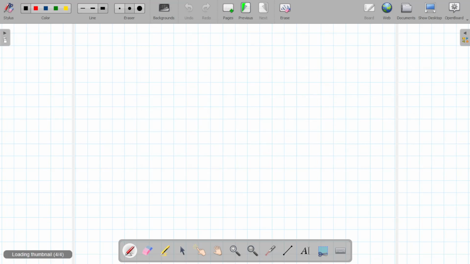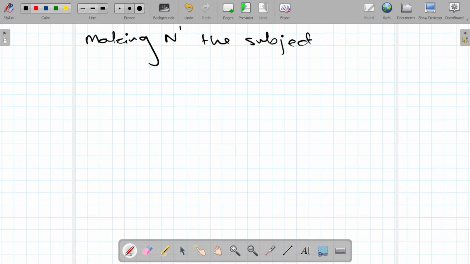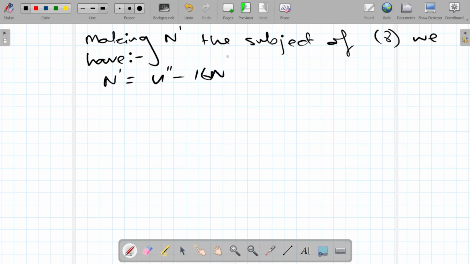So, making n prime the subject of equation 8, we have n prime equal to u double prime minus 16n squared u, all divided by 4u.